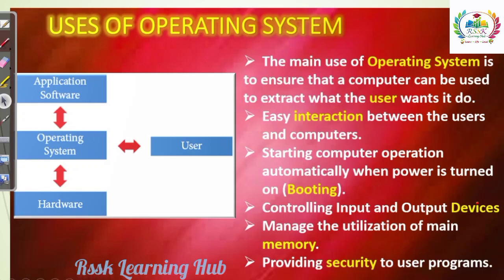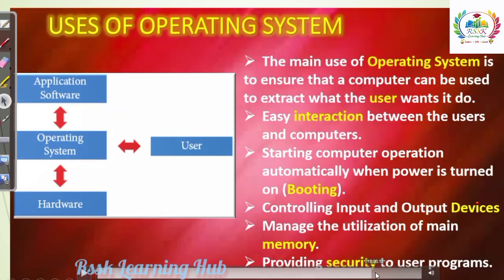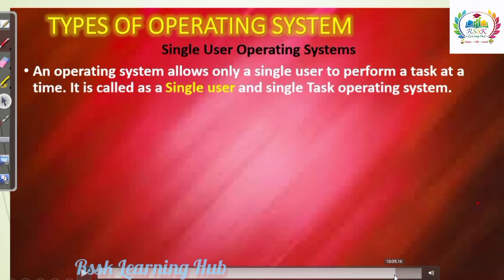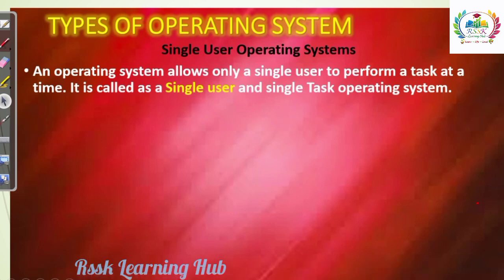Okay, next we will see about the uses of OS. So these are all the uses of OS. Now coming to the types of OS, you may have various types. What are those? Single user operating system is the first. Here an operating system allows only a single user to perform tasks at a time.